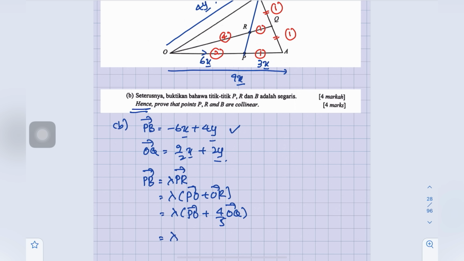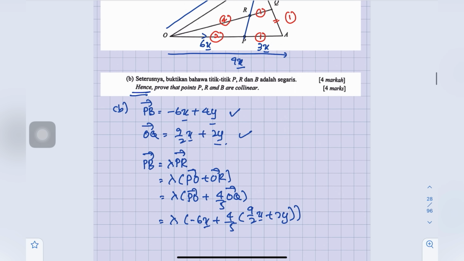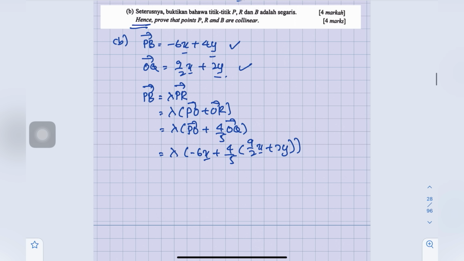So PO is negative 6x, and 4 over 5 OQ we already have earlier, 9 over 2 x plus 2y. Then the rest we just simplify.